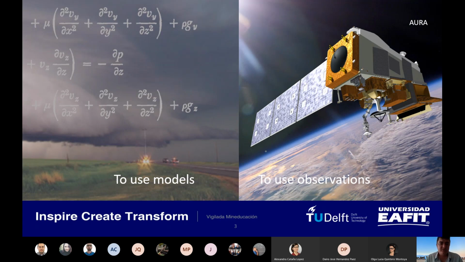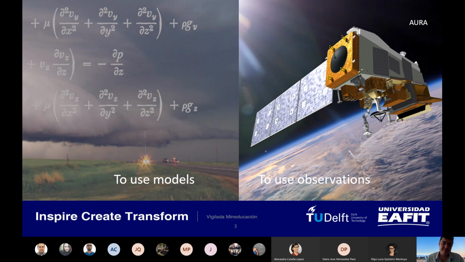I like to show this graphic. The reality could be represented in many ways. We, the mathematicians, like to use models to represent the different physical variables of different geophysical aspects. And the atmosphere could be represented by partial differential equations, with restrictions of different initial conditions and parameters involved.